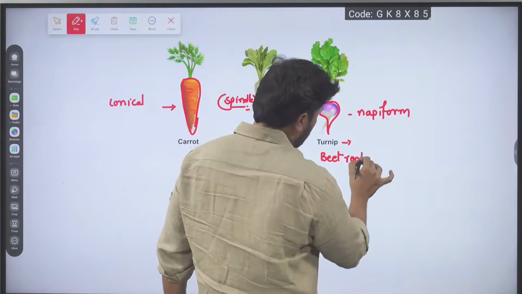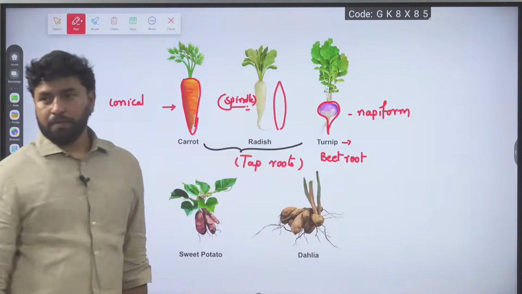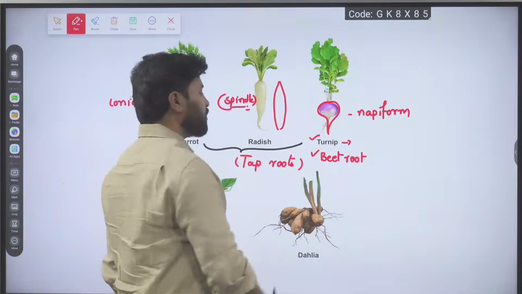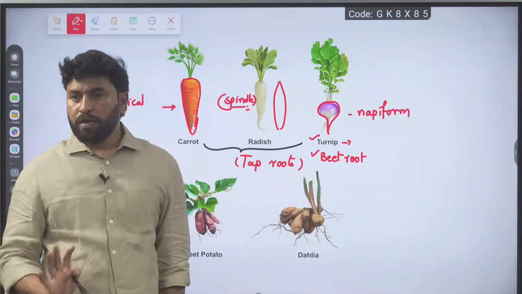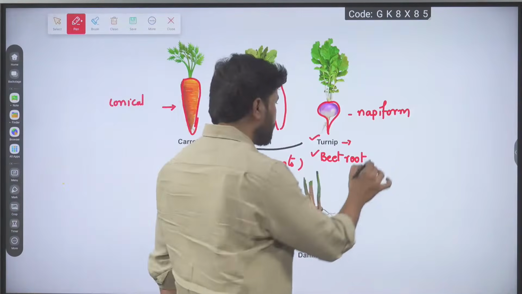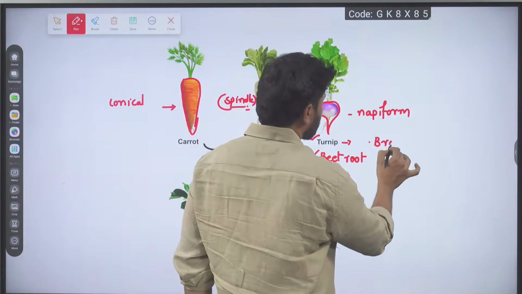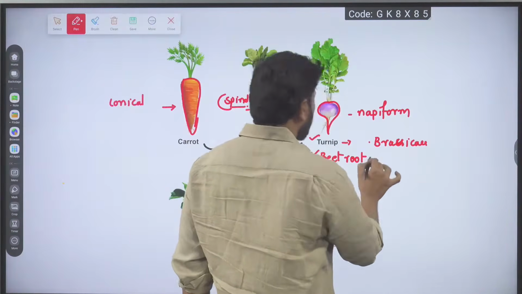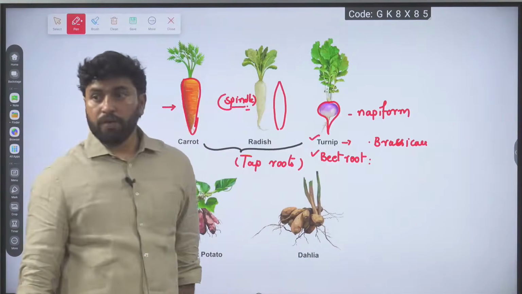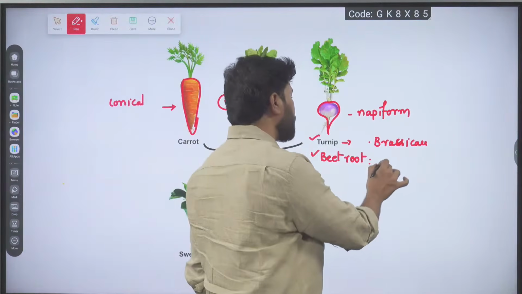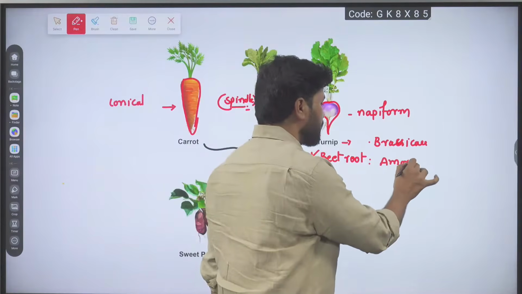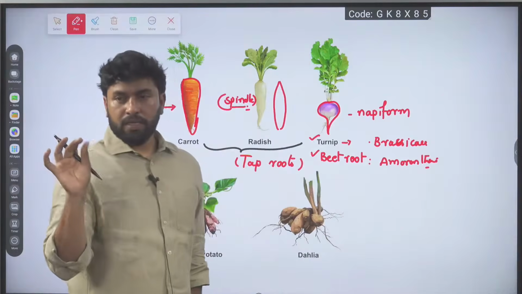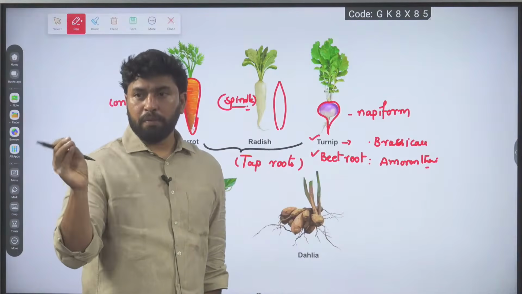Beetroot. See, and I have also seen many students misunderstanding that turnip and beetroot are the same. Both are not the same. Turnip belongs to Brassicaceae members, and beetroot, which is Beta vulgaris, belongs to Amarantaceae members. But both have the same shape in their taproot system.